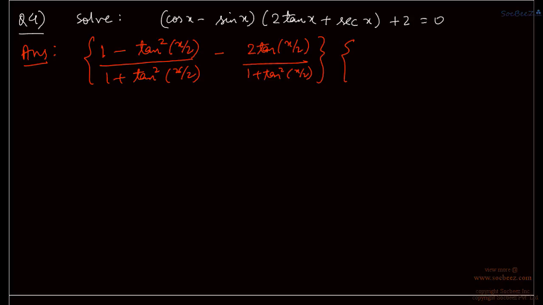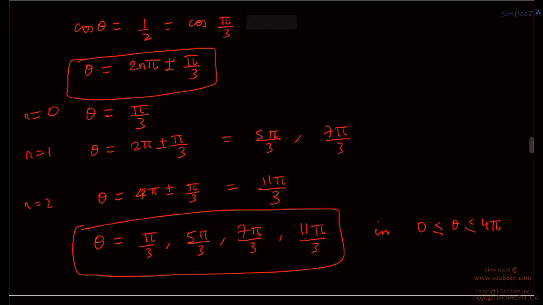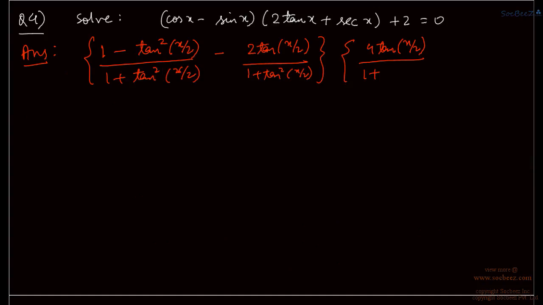Similarly, here we have 2 into, there is already a 2 here, so it should be 4 tan x by 2 over (1 minus tan squared x by 2). For secant, we have just the inverse of cos x: (1 plus tan squared x by 2) over (1 minus tan squared x by 2), plus 2 is equal to 0.